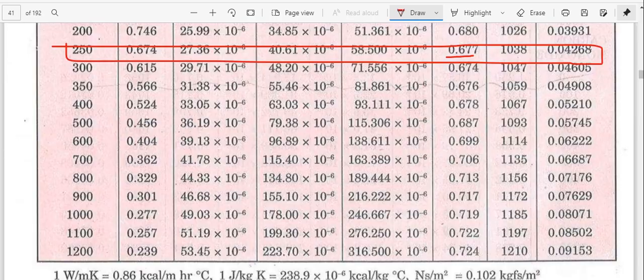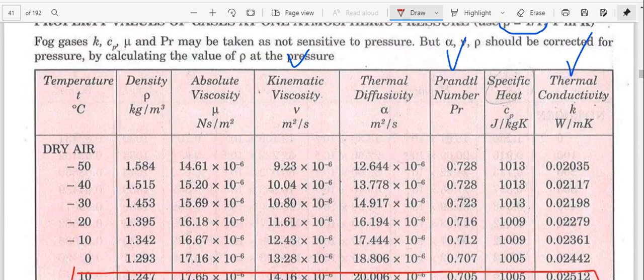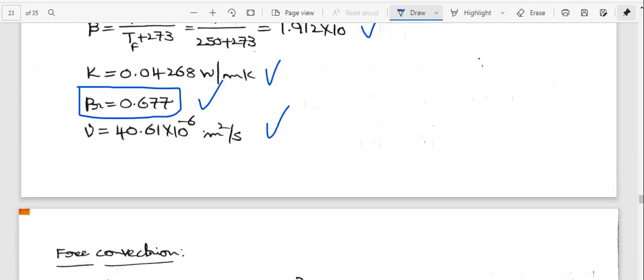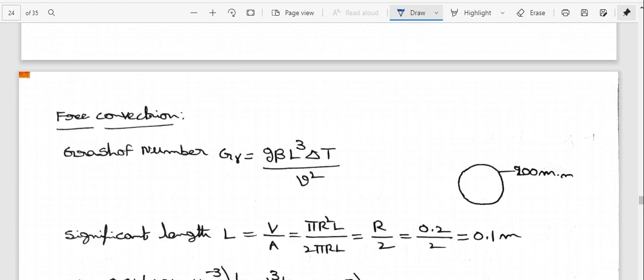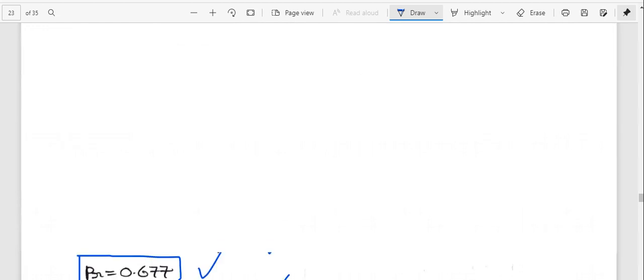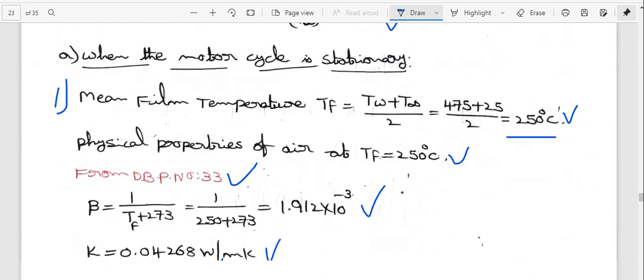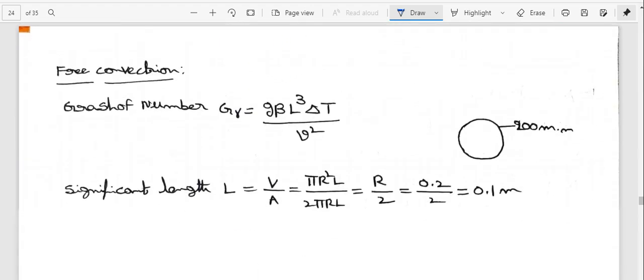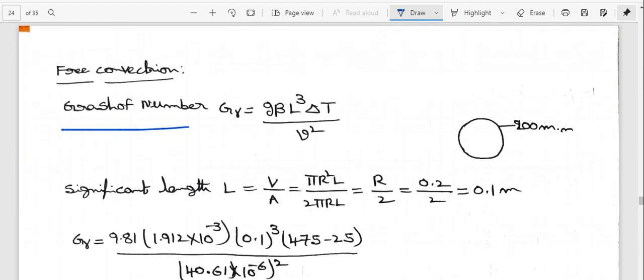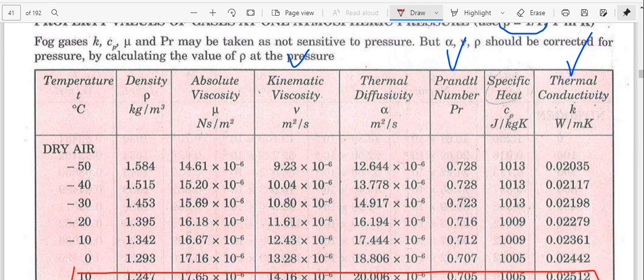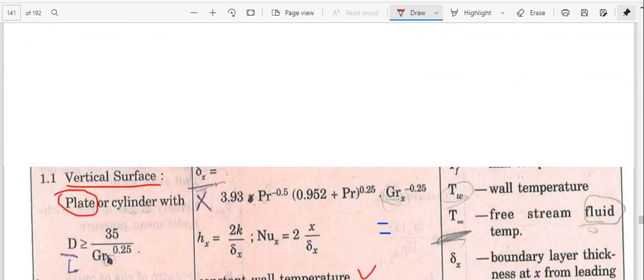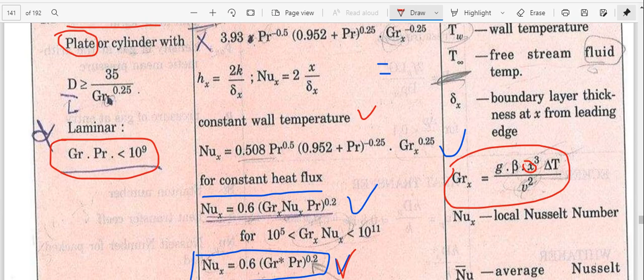All these values are taken from data book page number 33, that means dry air properties. So for free convection, after calculating film temperature and taking properties values, the next step is the Grashof number. The Grashof number formula is taken from data book page number 134.